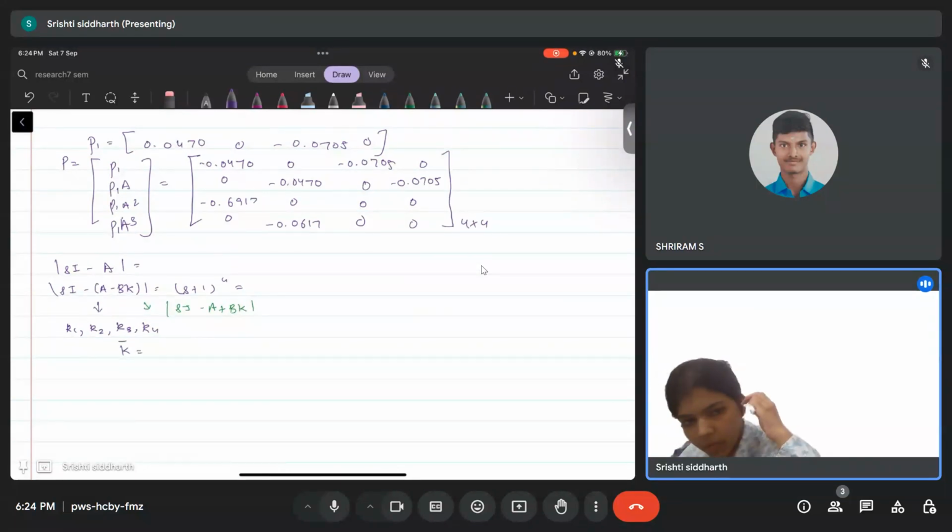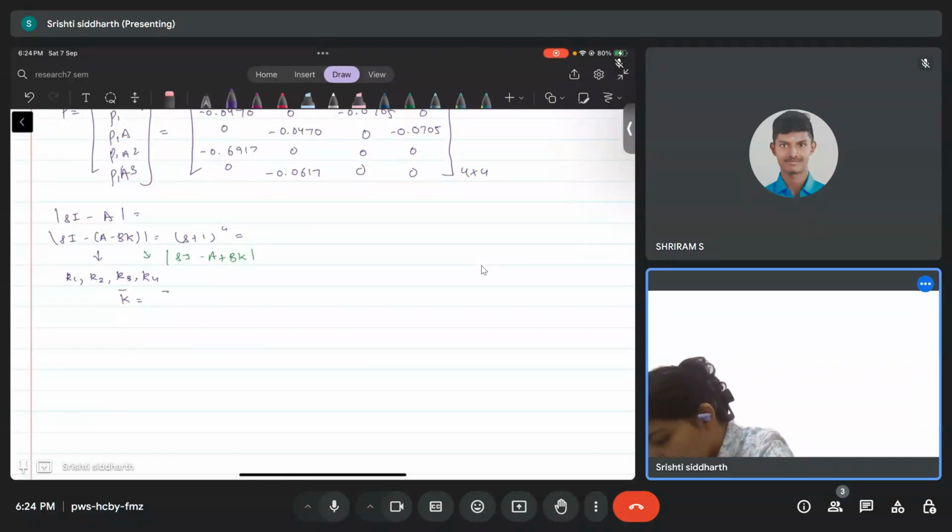Let's say that was k bar because we are computing this in the CCF form. And so we got some k1, k2, k3 and k4.